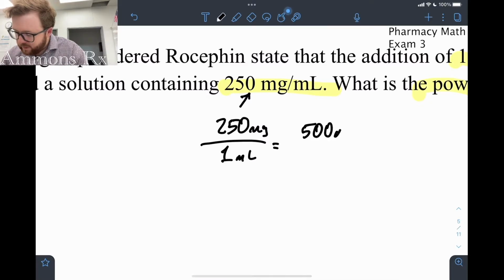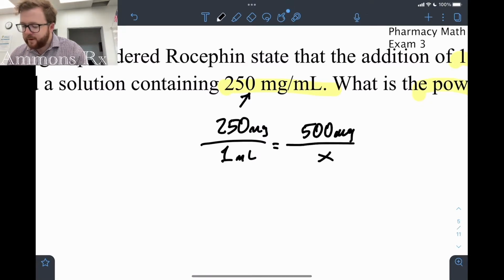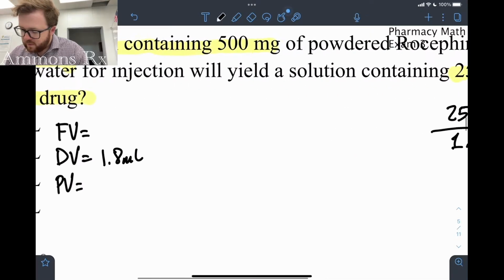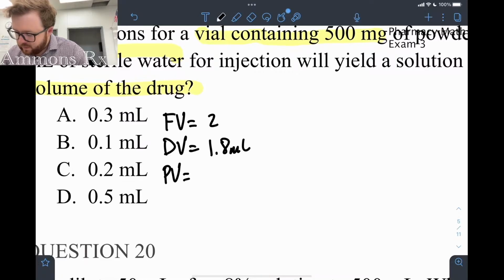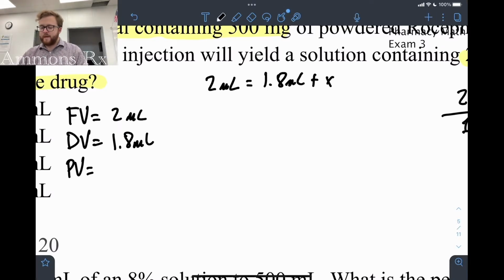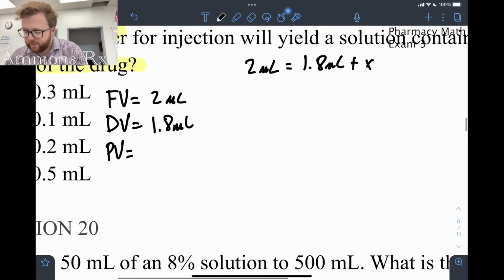So 500 milligrams, what's going to be our final volume? 500 divided by 250 is going to be 2. So that's our FV. So we have 2 mils is equal to 1.8 mils plus X. What is the X? It's just 2 minus 1.8, which is 0.2 mils.